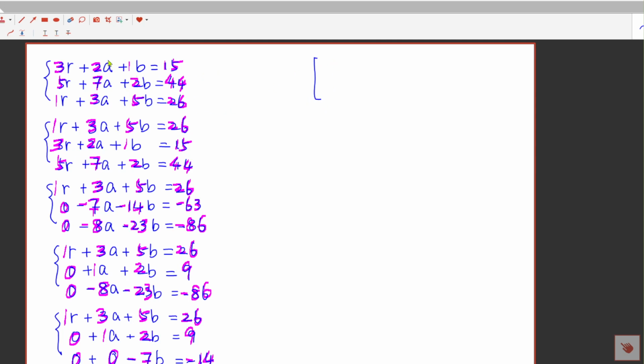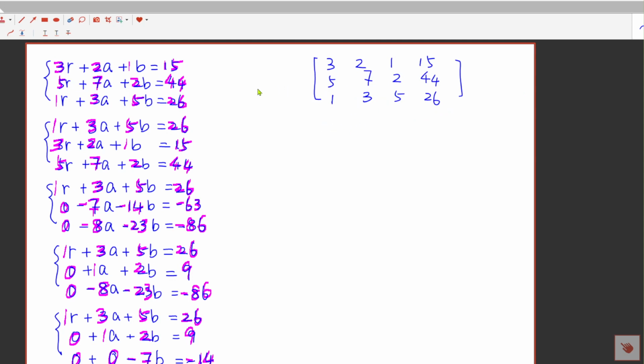So for example, we can just write the coefficients in order: 3, 2, 1, 15, and then 5, 7, 2, 44, right? Then 1, 3, 5, and 26. And do the transformations to these numbers. Actually, these numbers form a matrix. Therefore, this method is called a matrix method.